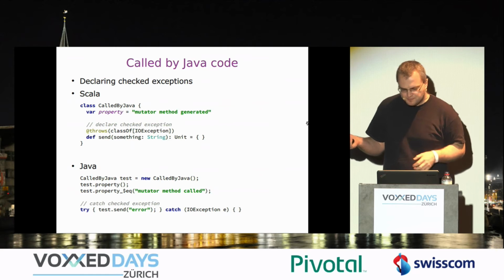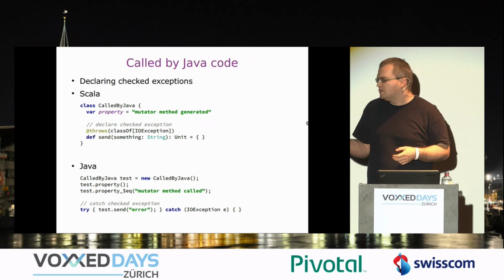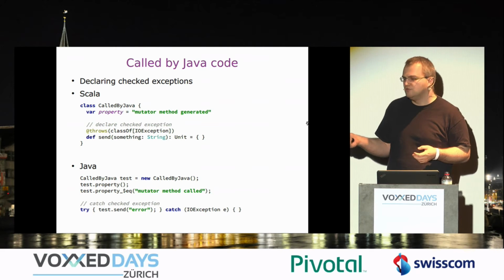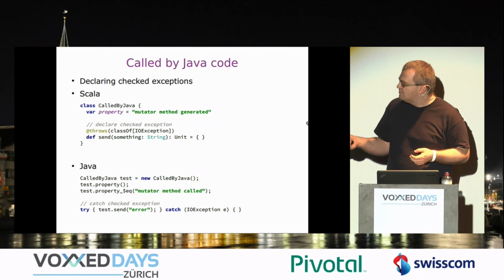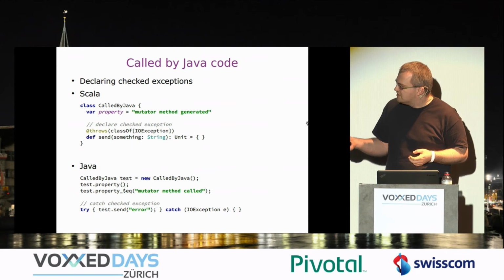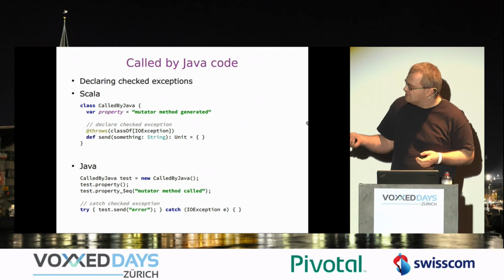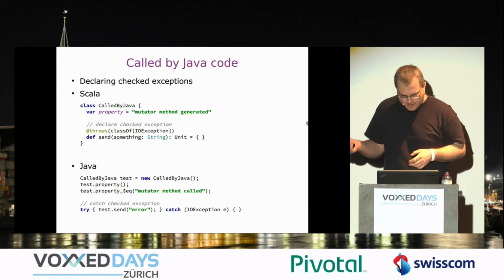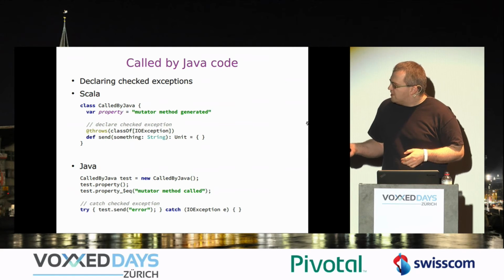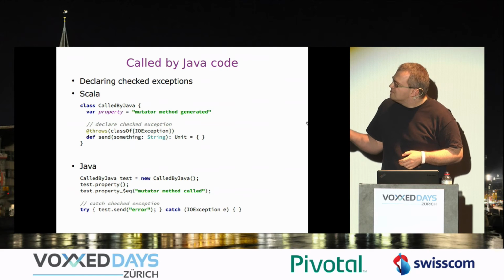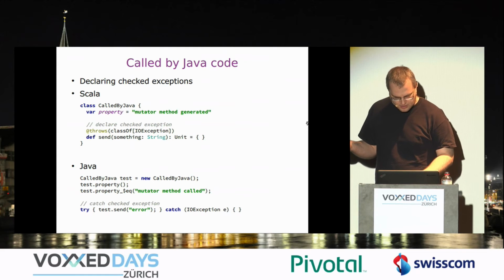It's like equals. So this is very convenient. Normally you don't have to do this much, but if you do, this is possible. So instead of setProperty, we have property underscore EQ. And here is an example of catching that exception from this method that declares it. So again, not many surprises there.